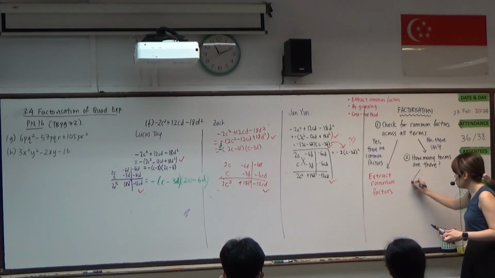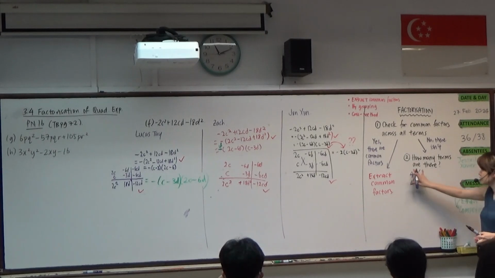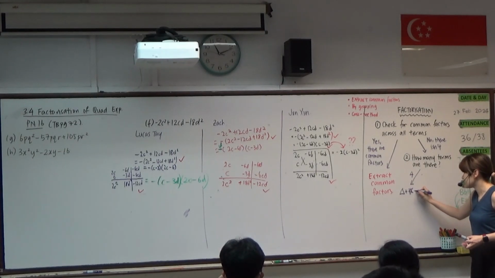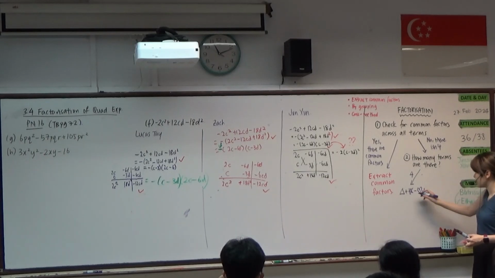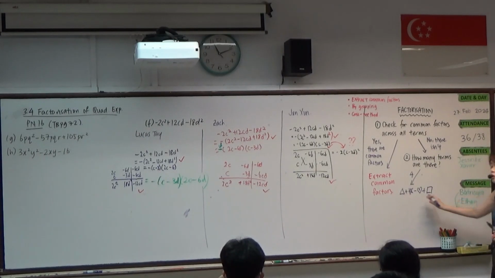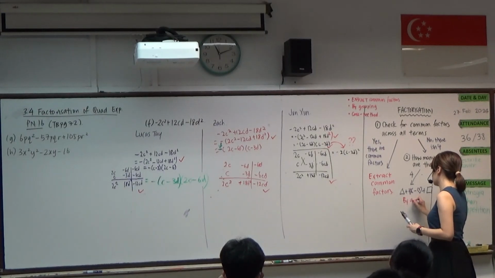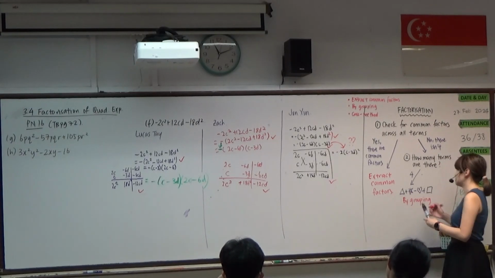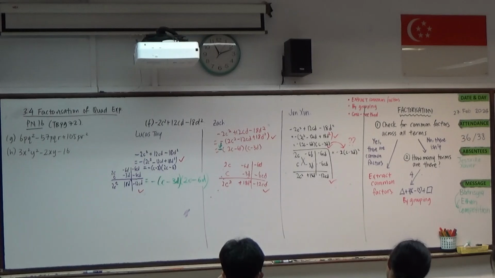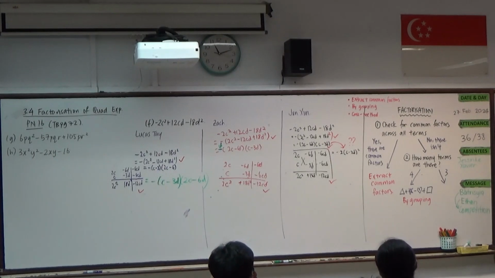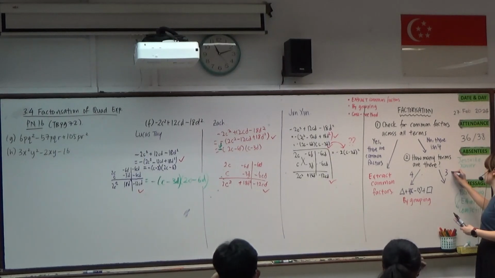Okay, and if there is 4, okay, 4 terms, meaning to say looking at something like this, okay, the operation is anyhow one, okay, 4 separate terms, then we are going to apply our grouping. Right? And then, what if there are 3 terms? What if there are 3 terms? What can we do? We can do the cross method, but on one condition. It must be quadratic. Okay? So 3 terms and quadratic.